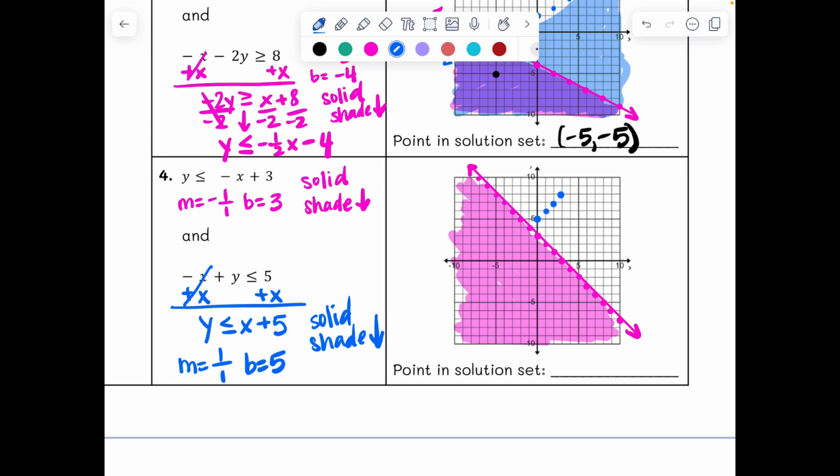It's a positive slope. And a solid line. Shade down. Oops, I'm shading the wrong area. There we go.